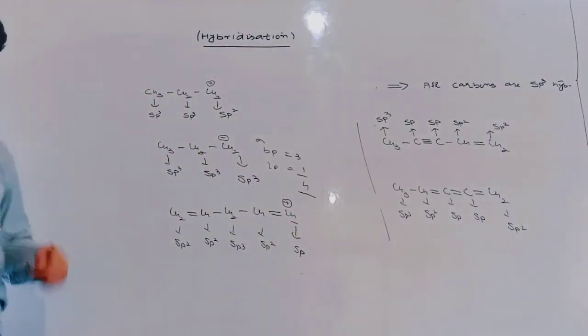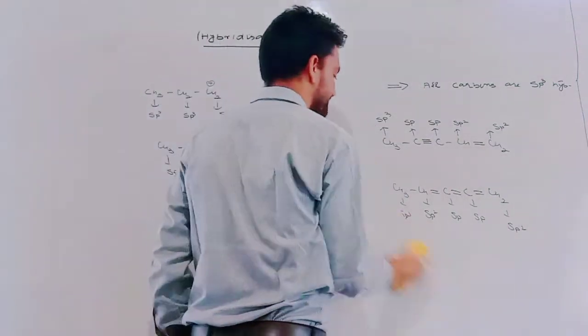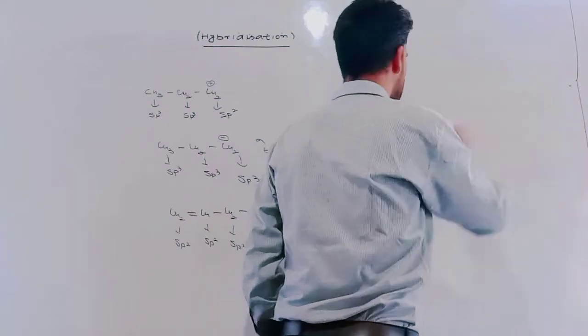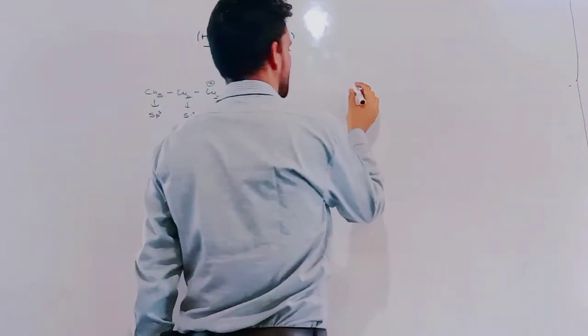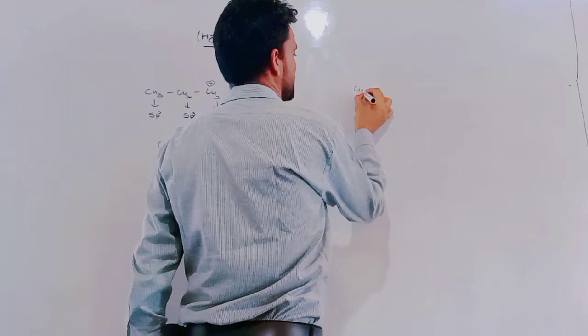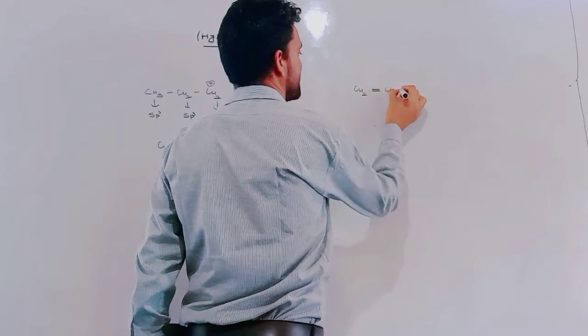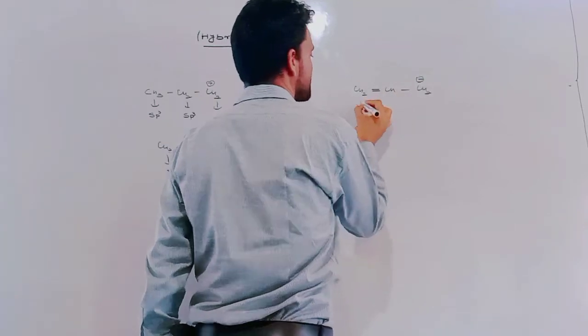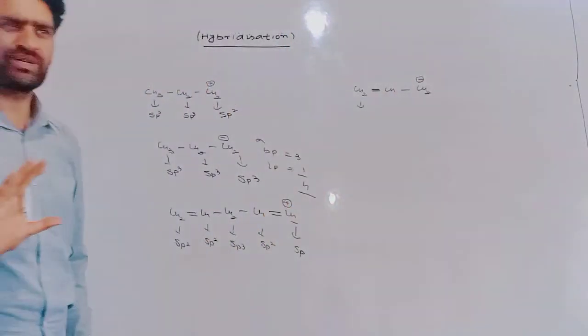Yes, sir. Let me give one more example, then you can write it down. I will mention a few more examples. Suppose I take the compound just like this, CH2 double bond CH, single bond CH2, and it contains a negative charge. What is the hybridization of this carbon? sp2. Clear?